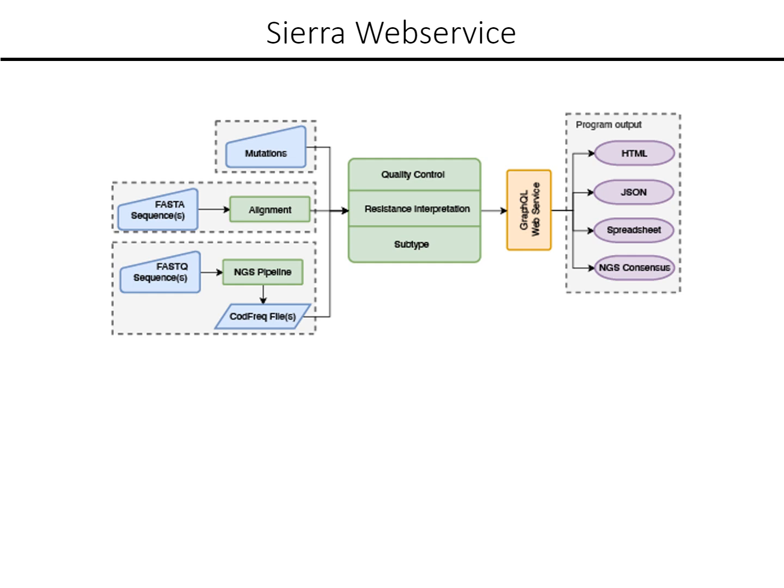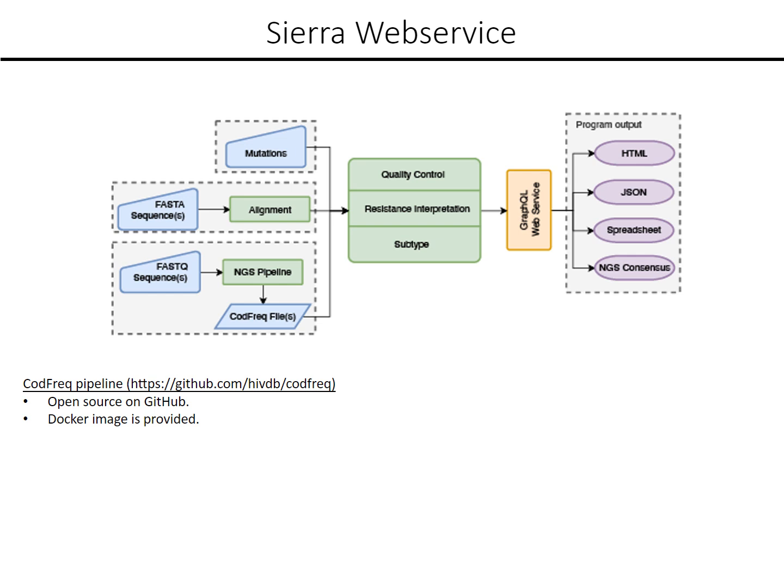This slide shows an overall schematic of the drug resistance interpretation programs on our website. Users can submit a list of mutations, one or more FASTA sequences, and one or more CodeFreq files. CodeFreq files can be generated from FASTQ files on our website. The process can be automated using open source code.